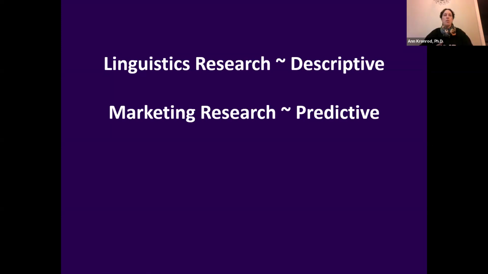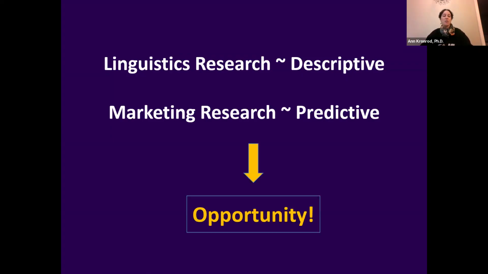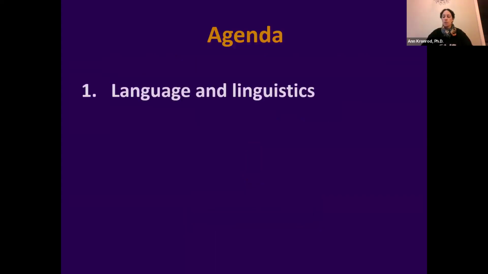What happens in marketing research is often predictive. We're doing market research in order to predict what would happen if we did this or that. And there's an opportunity here to use linguistic research in marketing in order to provide predictions about behavior, which I hope to show you how we do.